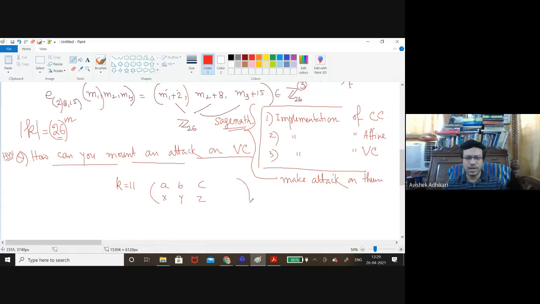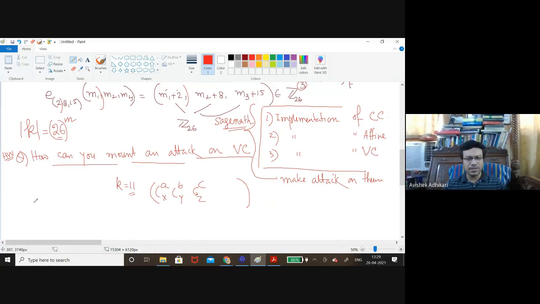So you can consider that shift is also a kind of permutation. So substitution cipher is a generalization of Caesarian cipher.